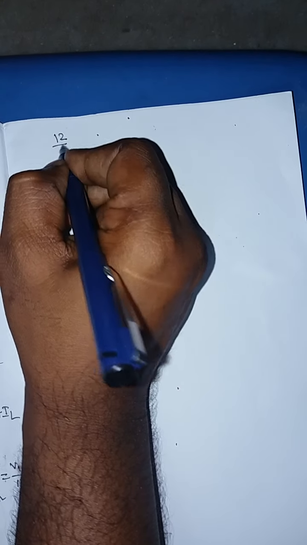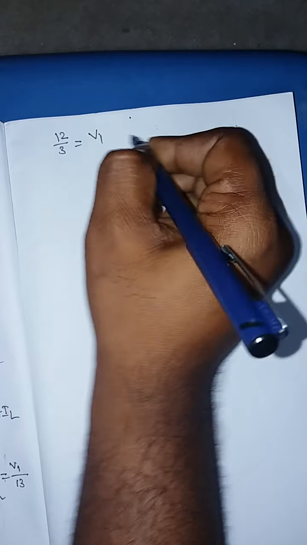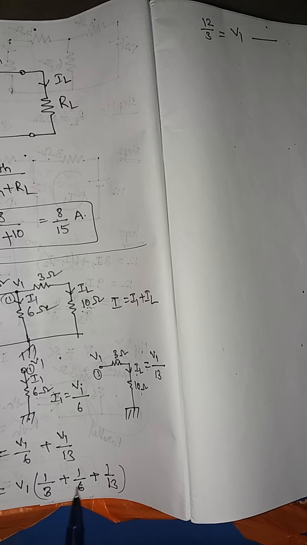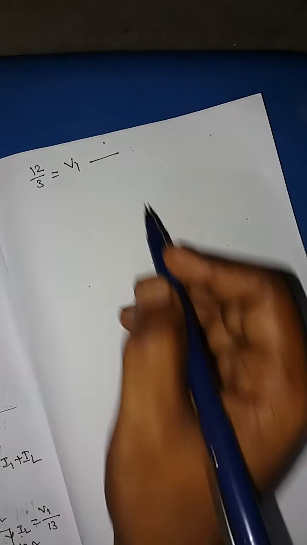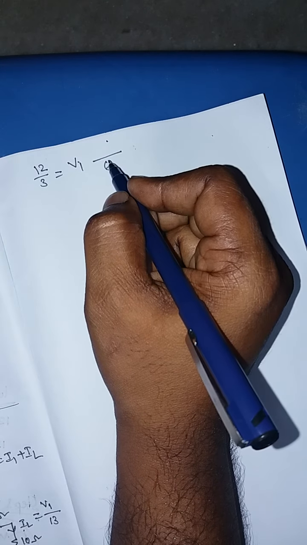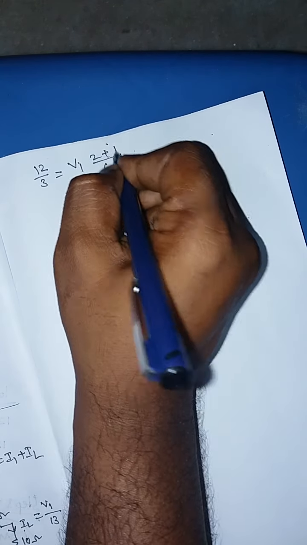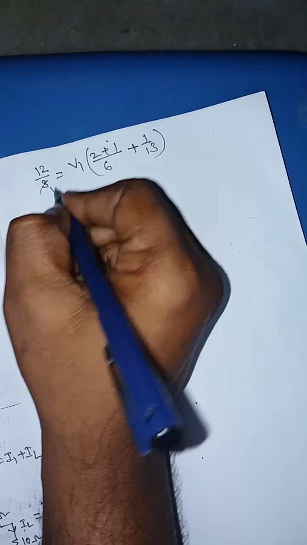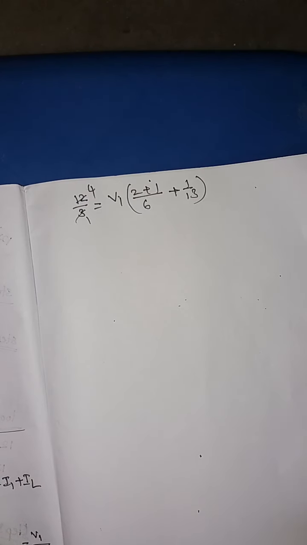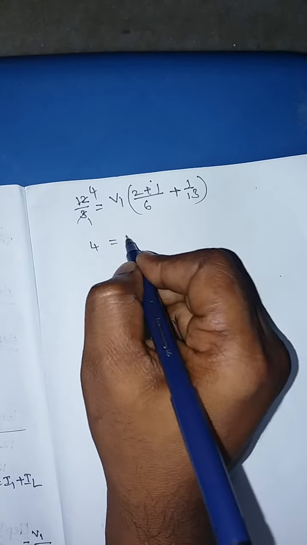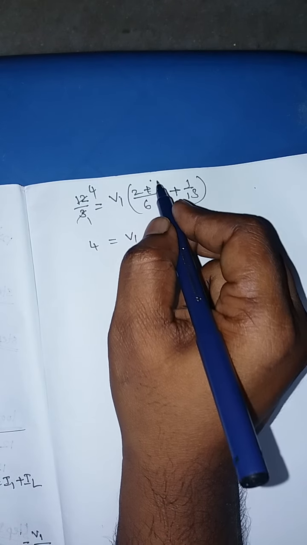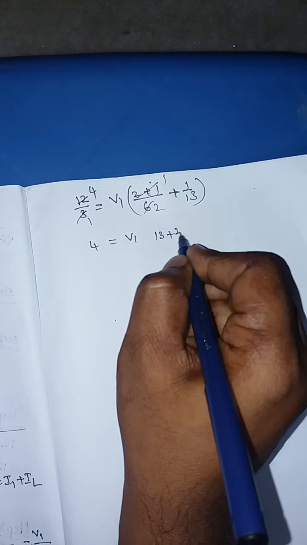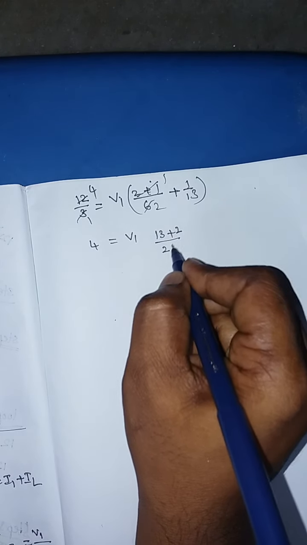That is 12 by 3 is equal to V1 into, I am taking the LCM of these two terms only. That is 6, and here it is 2 plus 1, plus 1 by 13 as it is. 3 ones are 3, fours are 12. 4 is equal to V1 into 3 by 2, 3 ones are 3, twos are 1 by 2. That means 30 plus 2 by 13 twos are 26.